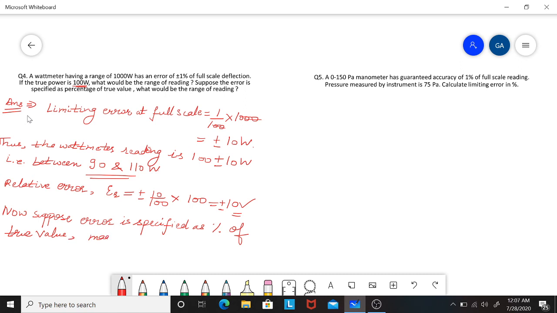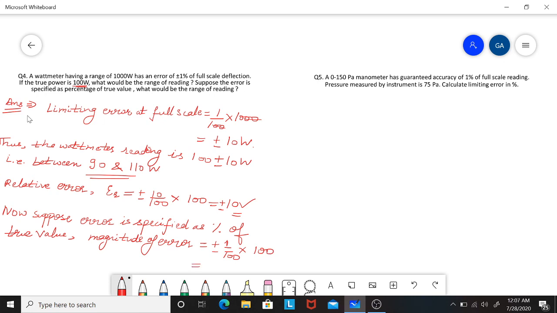So in that case your magnitude of error can be represented as ± 1% into your true value, which was 100.